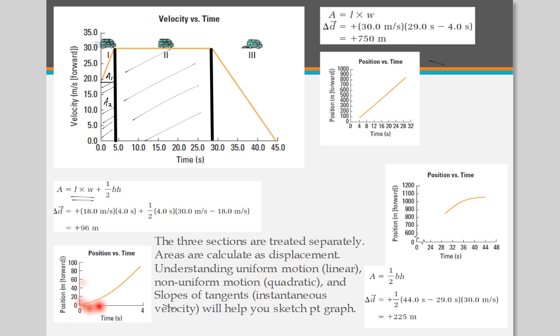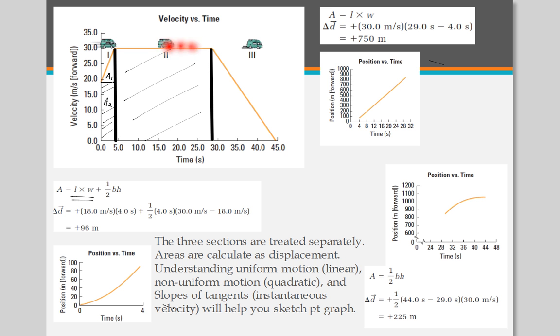Now if you compare the bottom left position time to the top right position time, how are they different? This one is the quadratic, non-linear. And then this one is linear, straight line. Because here the VT is increasing, so velocity is changing, non-linear DT.